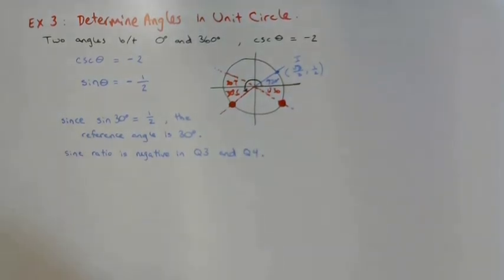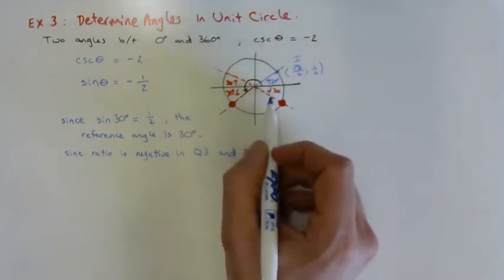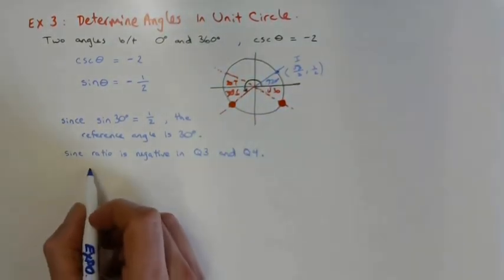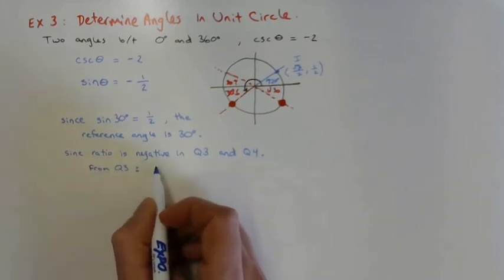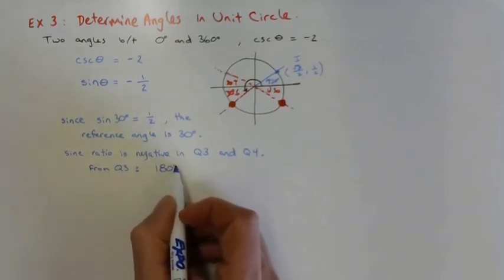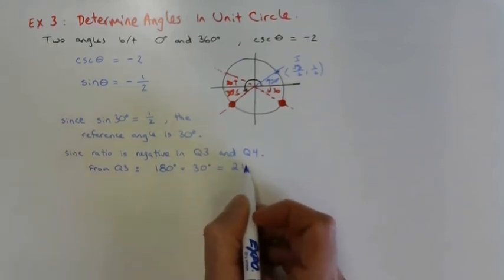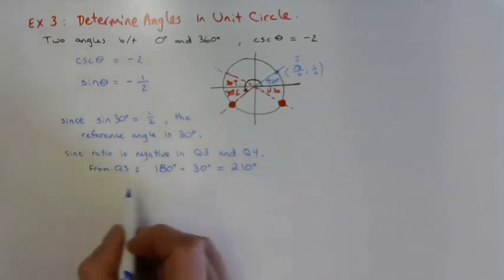I'm looking for reflections of my reference angle, reflections of 30 degrees, in each of those quadrants. From Q3, we get 180 degrees plus 30 degrees, which is 210 degrees. That's our first solution.